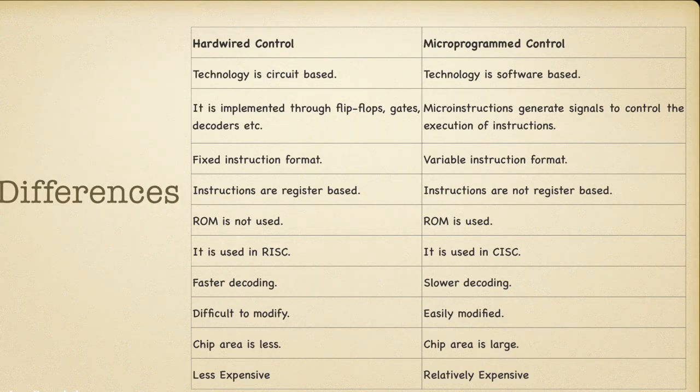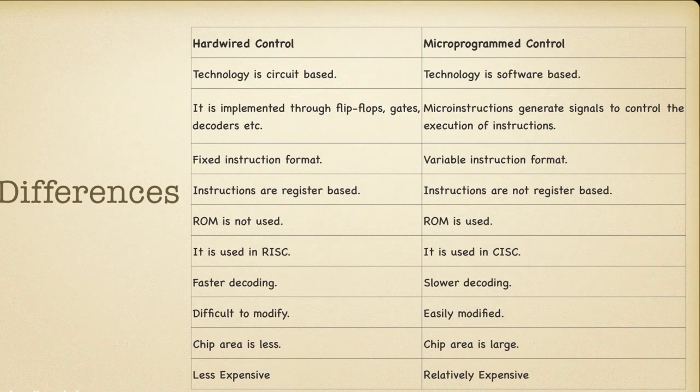The hardware control is used in RISC, that is reduced instruction set computers, but for complex instruction set computers, we can use microprogram control. Hardware control provides faster decoding, but microprogram control provides slower decoding. Hardware control is very difficult to modify, but microprogram control can be easily modified.